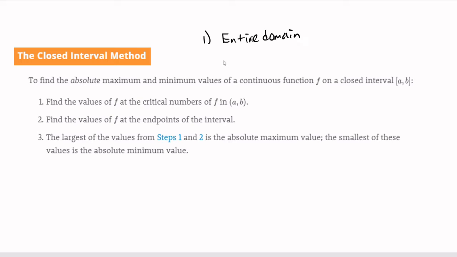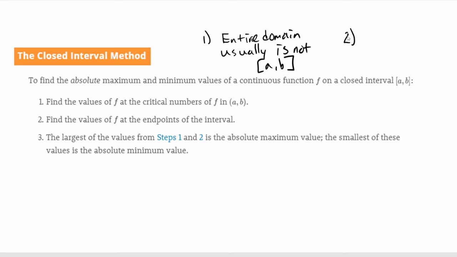Which usually is not of the form just a to b. It could be all real numbers. It could be from 0 not included to infinity, like log. It could be a lot of different things, but specifically it's not this. Then everything we did above works. You just use all those methods.